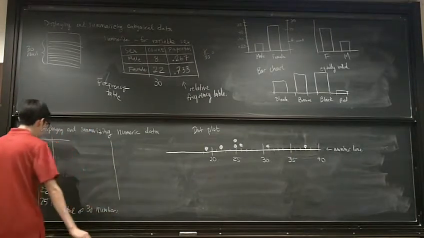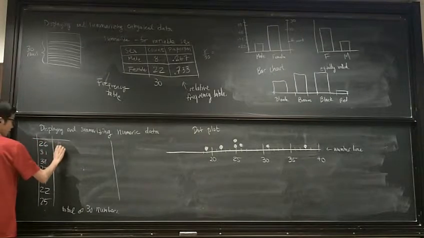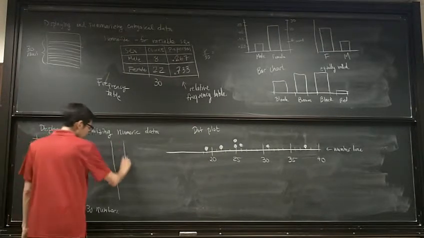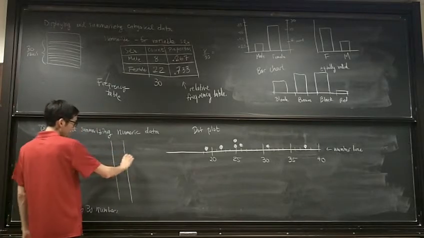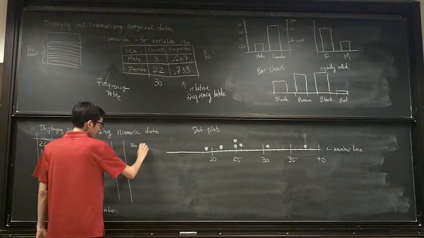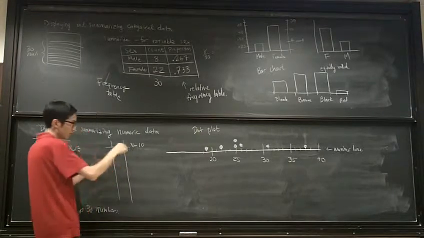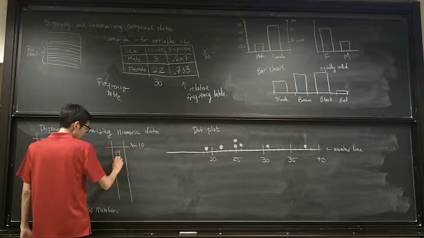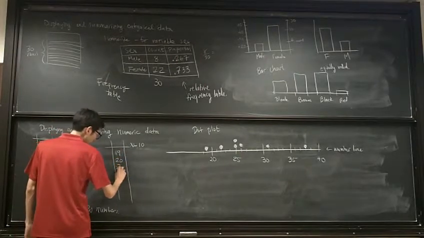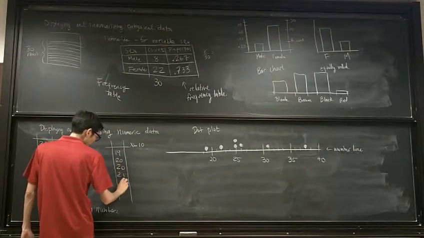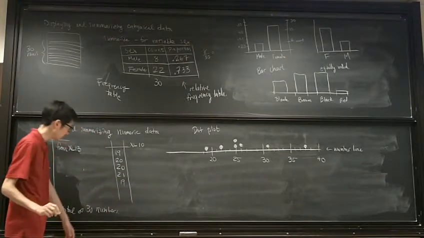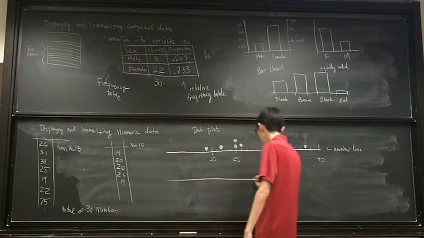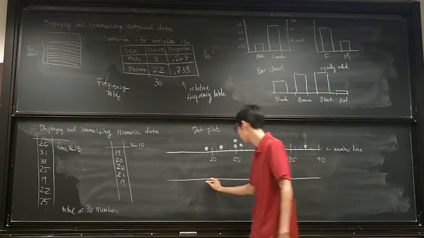So let me just say, this is for XL13. Maybe I have a listing of ages again. Let's say for my XL10 class, let me list off some ages of some of the typical students there: probably 19, 20, 21, 19. So here I've got five students from that class.